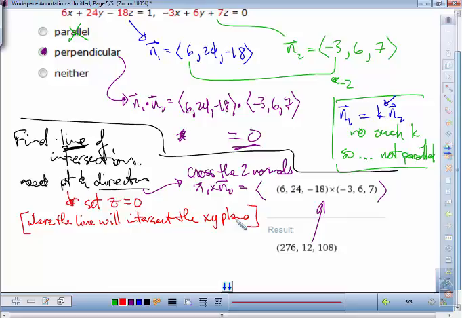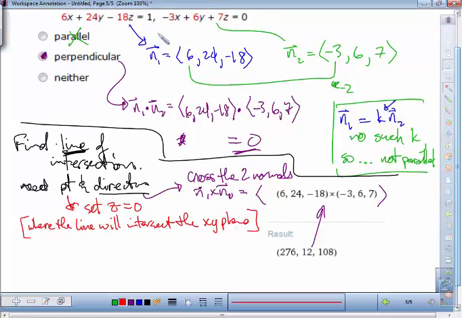And you're not restricted to just having it intersect the xy plane. You can have it intersect the yz plane or the xz plane, or you can even have it intersect another plane, like z is equal to 2, if you want. But how does that make our job a little bit easier?